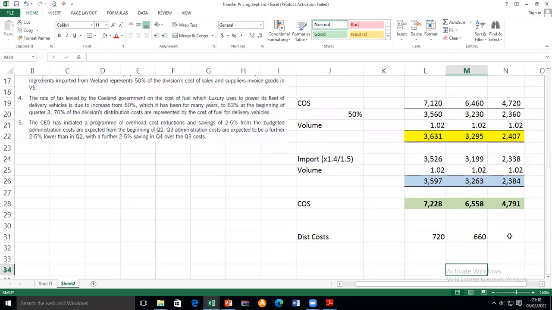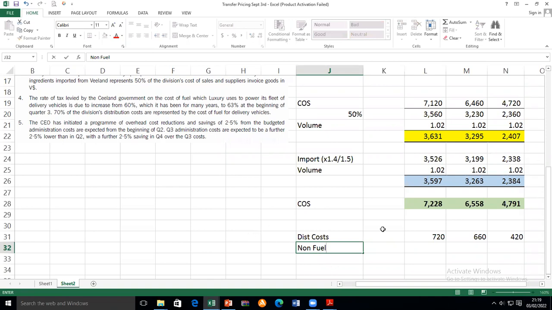So these are the costs here. So there are two components. There's a non-fuel. Let's deal with the non-fuel component. What proportion is it? It's 30%. So that's what you do.